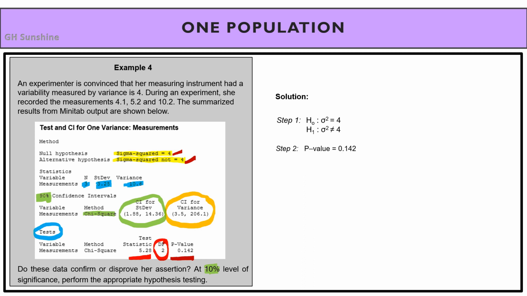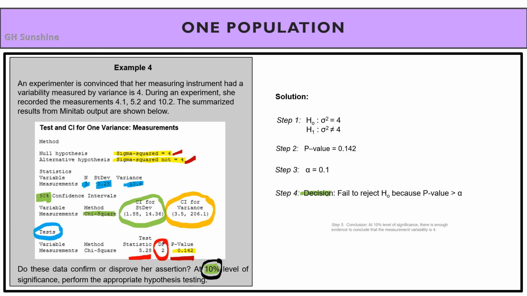Second step, p-value 0.142. Third step, alpha 10%, converted to decimal form 0.1. Step number 4, decision. Based on p-value and alpha, fail to reject H0 because p-value is greater than alpha.